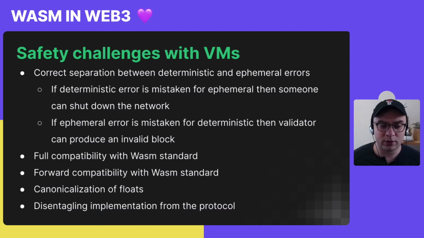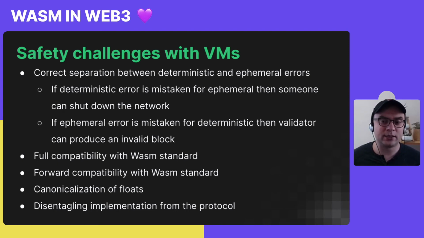Then you also want to canonicalize the floats. This is something that we do for all our contracts. Initially, we decided to just sanitize our contracts and prohibit deploying contracts on the NEAR blockchain that use floats. But we very quickly found out that this leads to a very bad developer experience, because Rust developers just want to import libraries when they develop smart contracts.